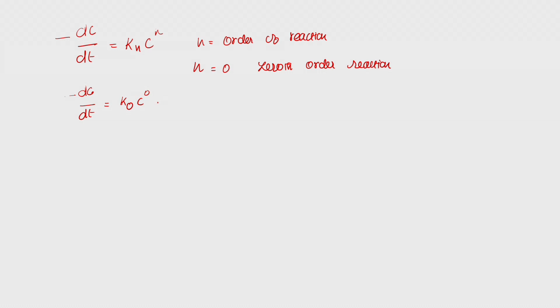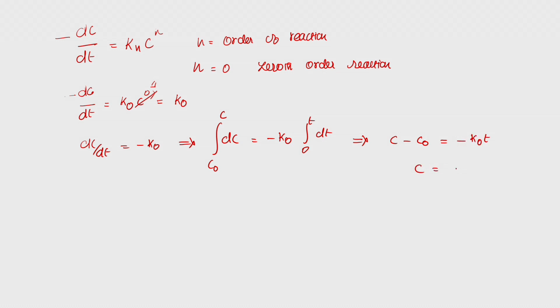Now I integrate over initial concentration C naught and final concentration C over time 0 to T. So dC is minus K naught dt, integrated from 0 to T. The concentration goes from C naught to C, so this becomes C minus C naught equal to minus K naught into T. So C is C naught minus K naught into T, right.